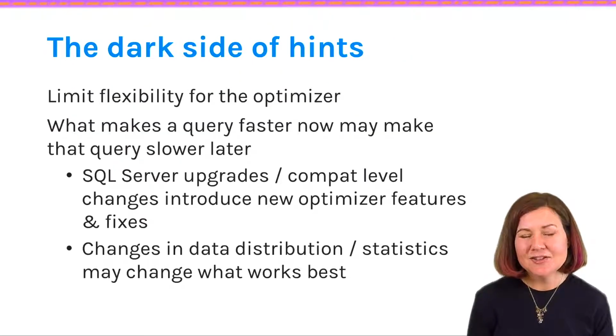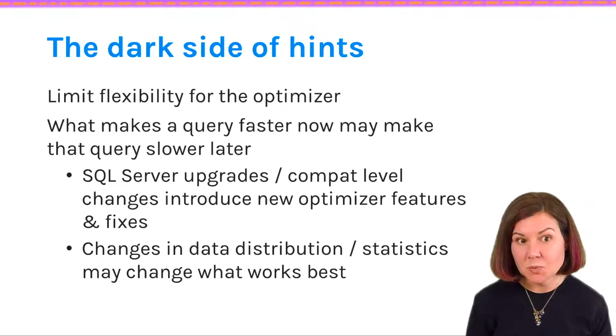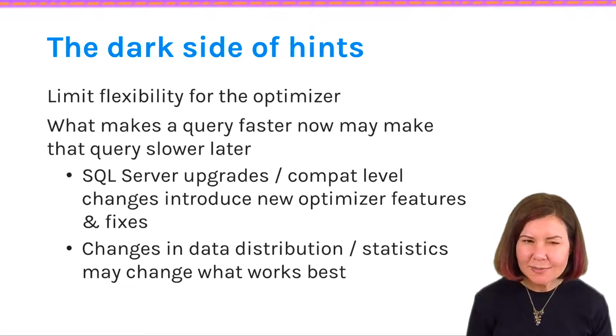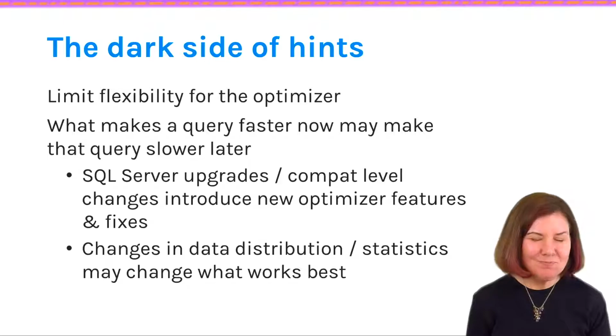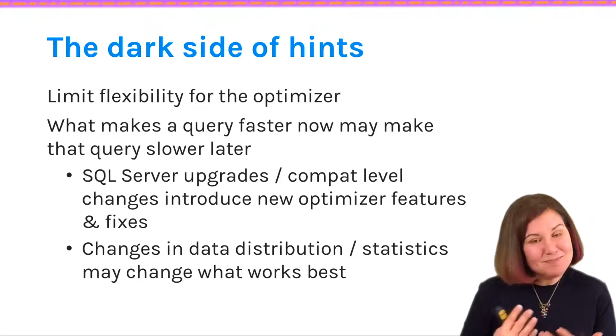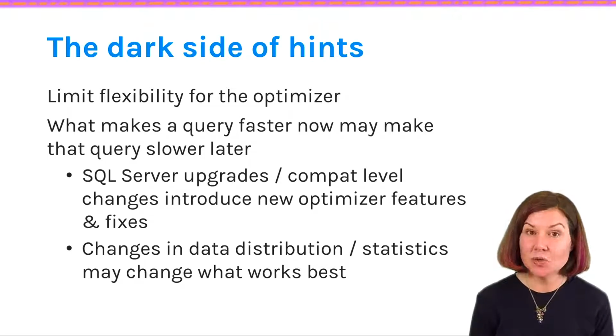But there is a dark side to using hints, and this also goes for query rewrites as well. When we limit flexibility for the optimizer, even if it speeds up the query now, as improvements come into the optimizer later on, it may not be the fastest choice.